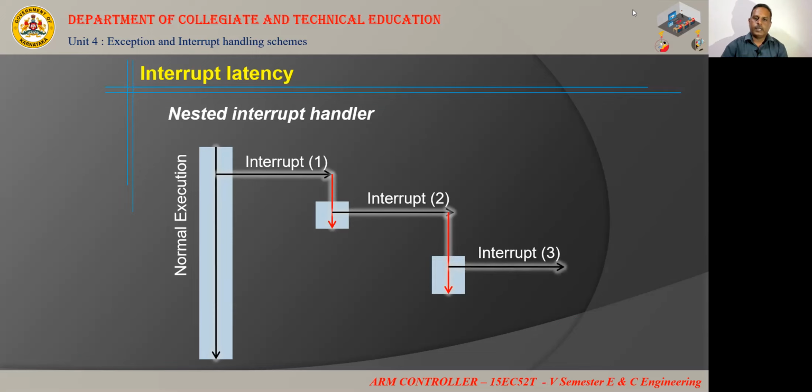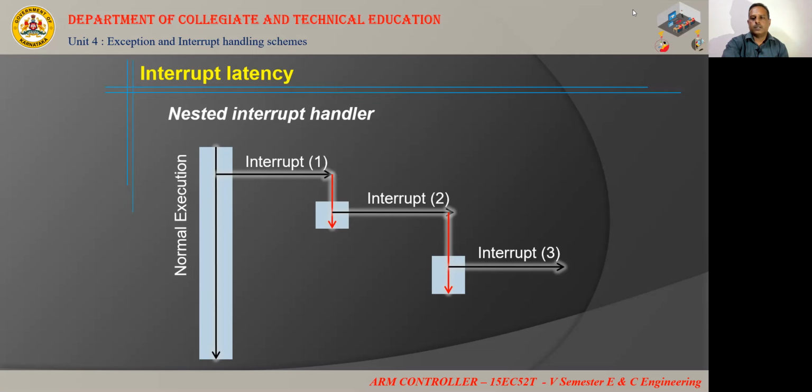and it can go on to any depth according to the system designer's tolerance, and he is the one who decides to what depth this interrupt nesting can be allowed. It depends on the availability of various resources like the stack, the size of the stack, and how it is handled. So it cannot be allowed to go to any depth like this.